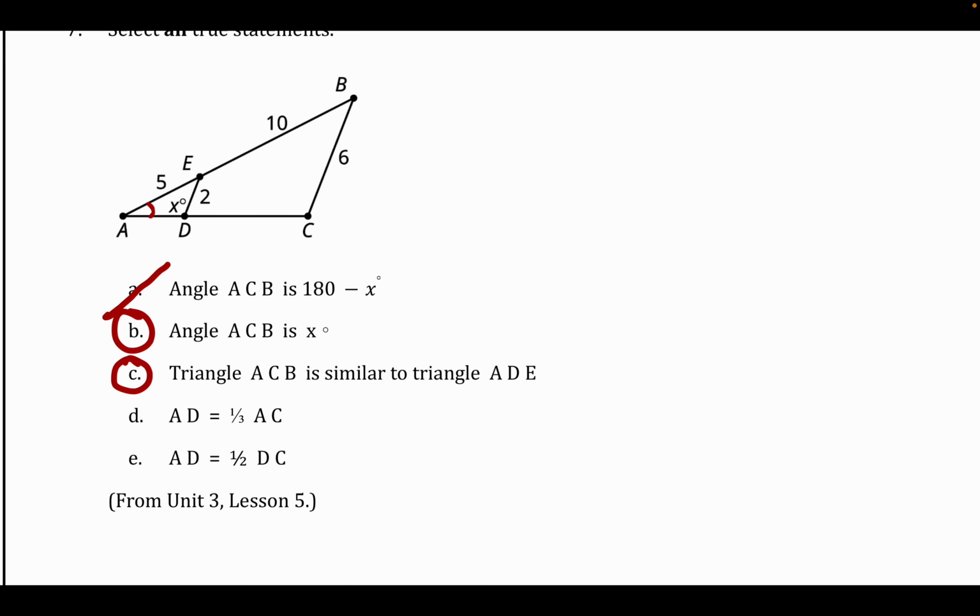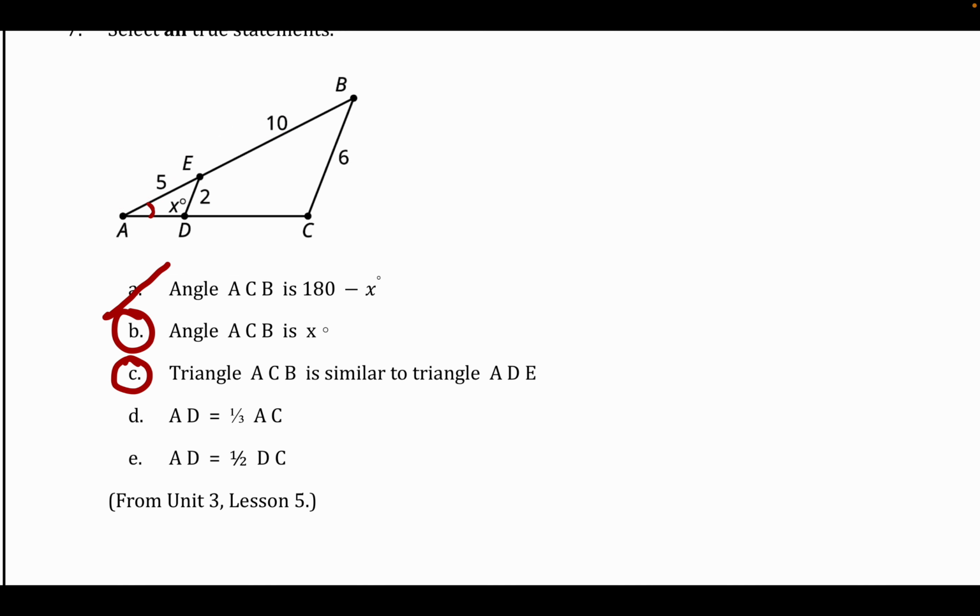Is AD equal to 1/3 of AC? Yes, because the small triangle is going to be 1/3 of the big one. That's the 2 versus the 6, and 5 versus 15, not 5 versus 10. We would have to include the entire side length here.